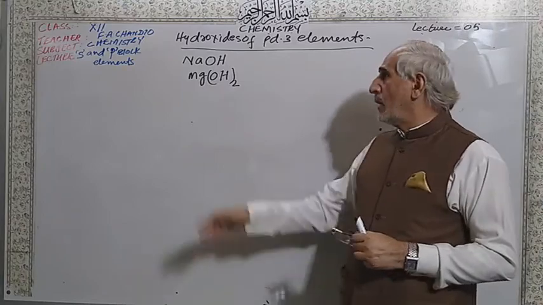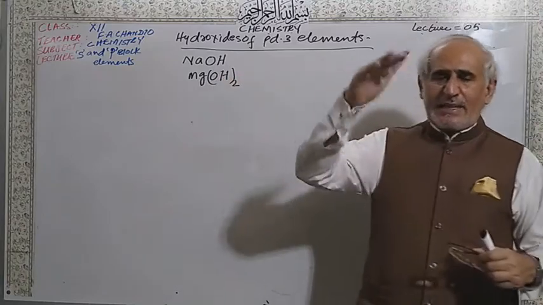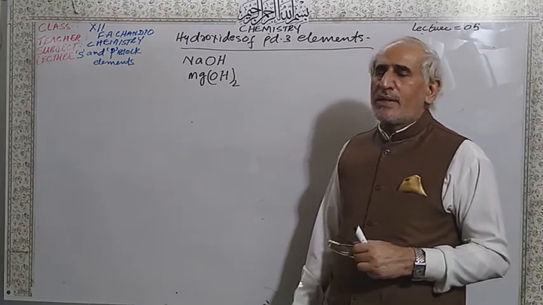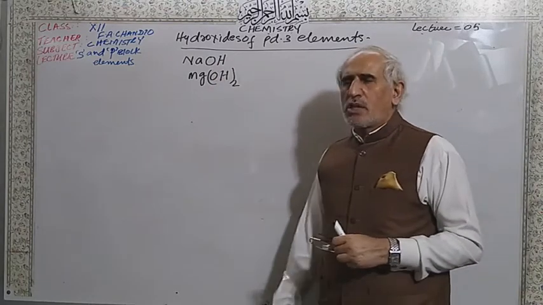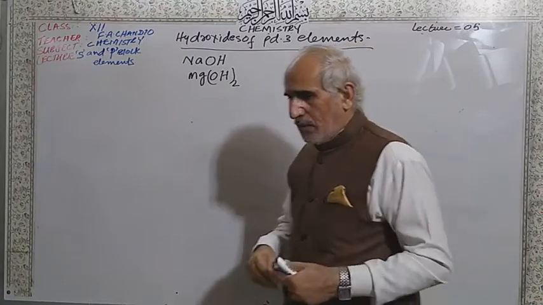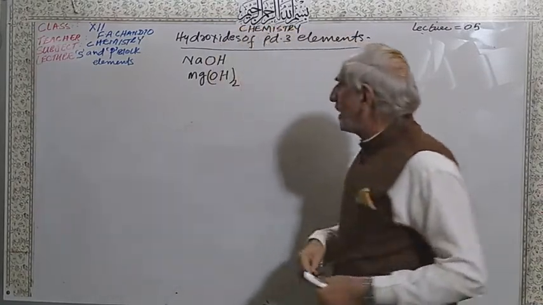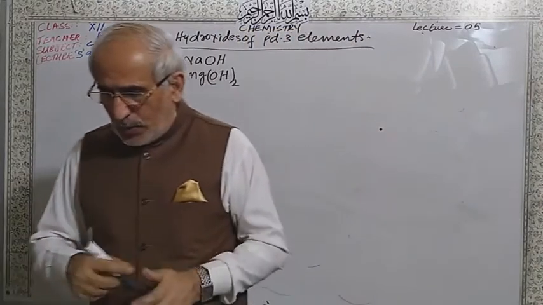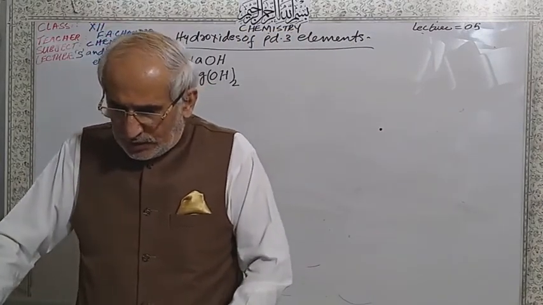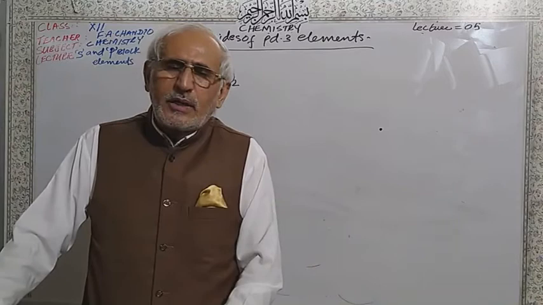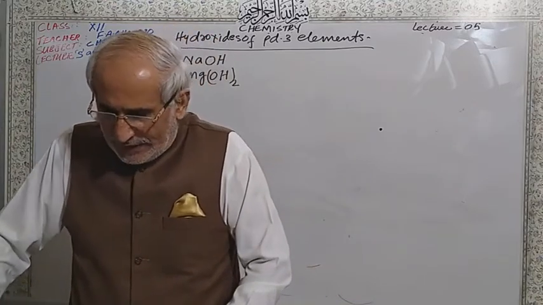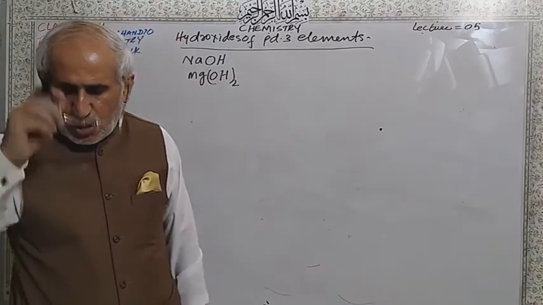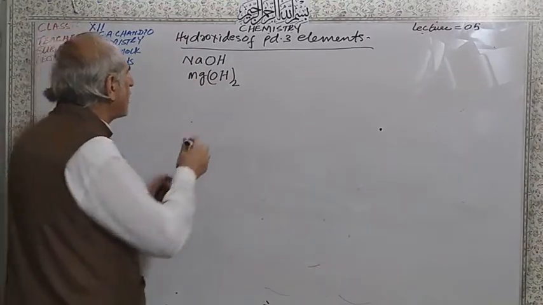If you see the first two elements, sodium forms sodium hydroxide, magnesium forms magnesium hydroxide. These two, sodium hydroxide and magnesium hydroxide, are metals' hydroxides.